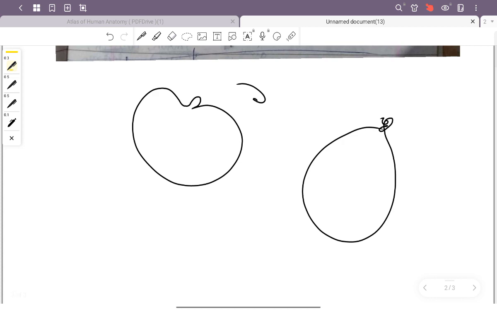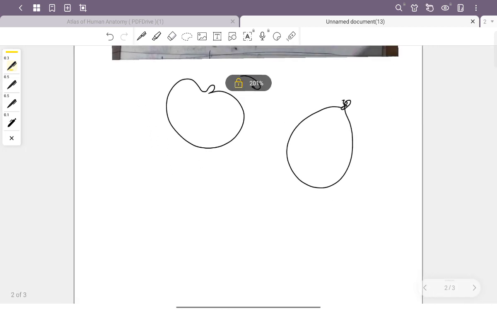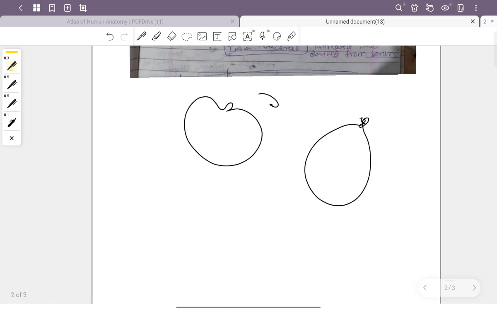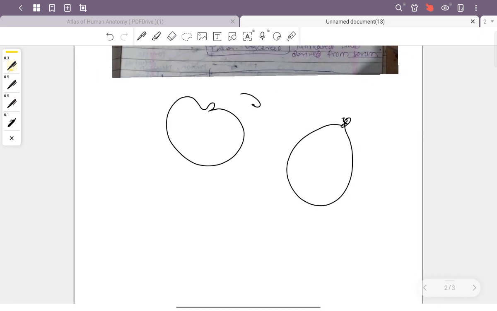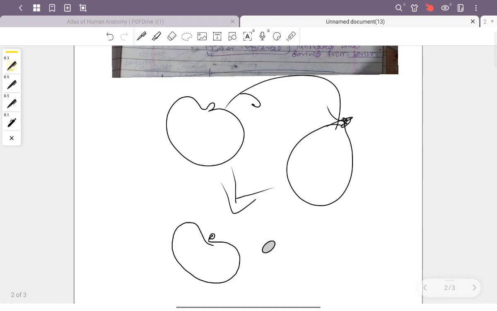What I'm going to do is pressurize this balloon with this apple. What's going to happen is that the structure will be like this. Let me draw the apple first. Okay, this is the apple.